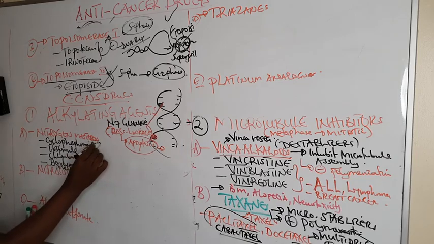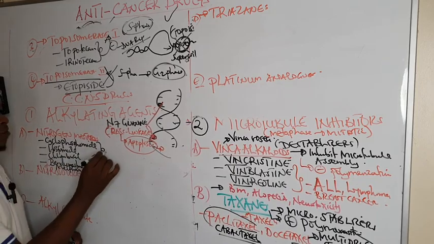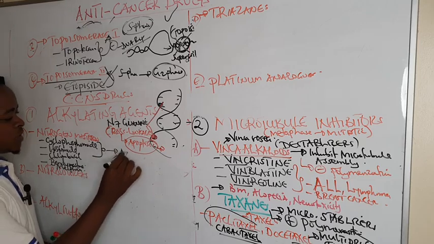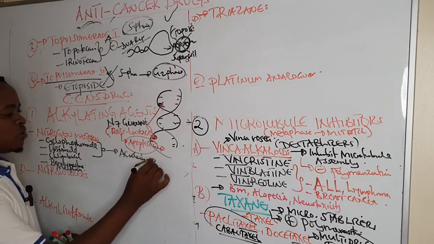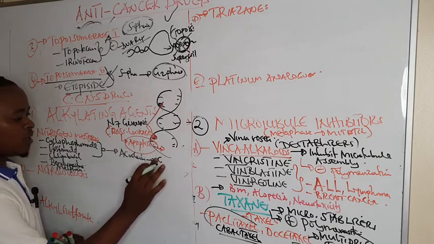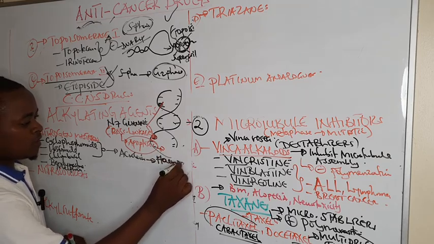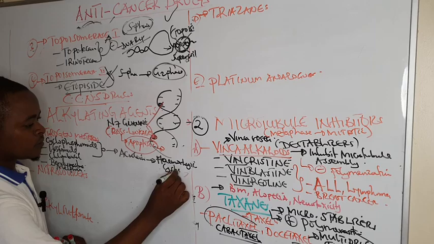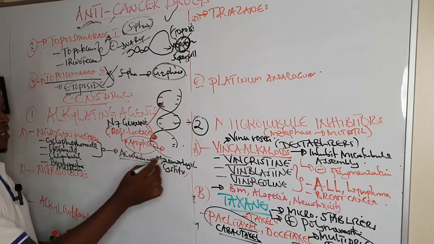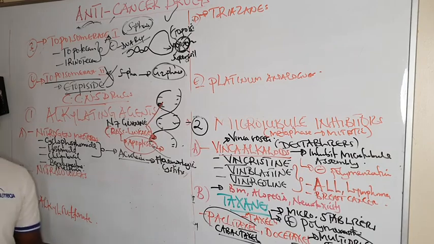And cyclophosphamide and ifosfamide form a toxic metabolite known as acrolein. This acrolein causes hemorrhagic cystitis. And how do we reverse this toxicity with cyclophosphamide and ifosfamide?